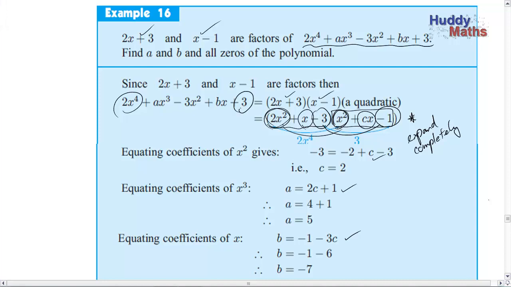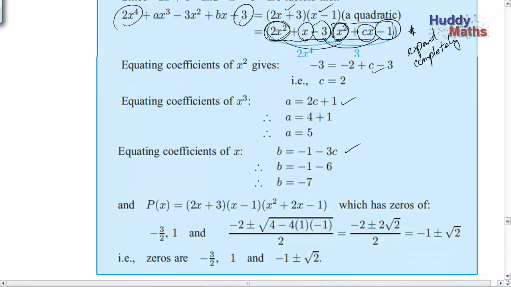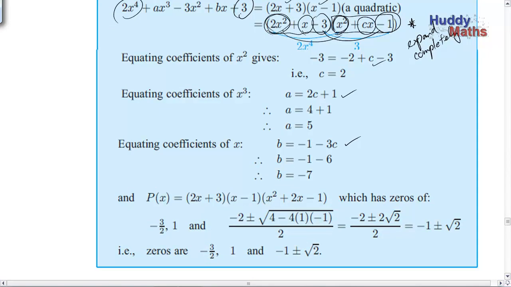Okay, so you need to expand this fully, I think, and collect up the terms as we did, then equate coefficients. All right, so down here then, once you have done all that, of course, you've got the factorised polynomial. We were given these two.